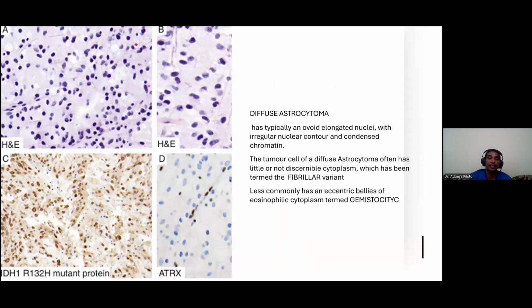For diffuse astrocytoma, the histological appearance typically has ovoid elongated nuclei with irregular nuclear contour and condensed chromatin. The tumor cells of diffuse astrocytoma often have little or no discernible cytoplasm, which has been termed the fibrillary variant. Less commonly they have an eccentric bellies of eosinophilic cytoplasm, termed gemistocytic.